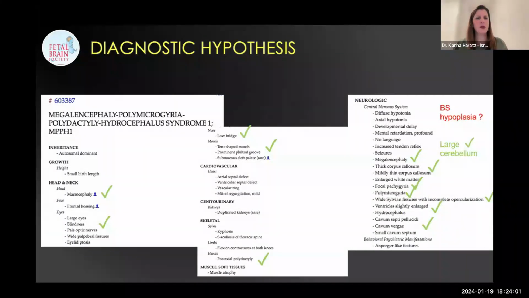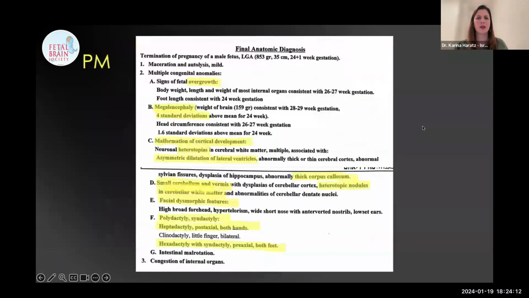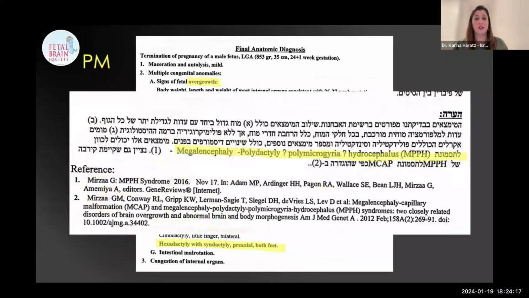And then we said, okay, it is really compatible with megalencephaly polymicrogyria, and we did check, and we quite little overlooked our brainstem. The pregnancy was terminated. The pathologist said megalencephaly polydactyly, so, okay, we took the ball, like our first slide.